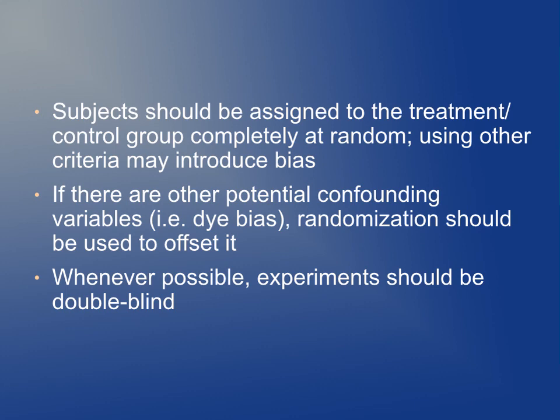And whenever possible, subjects should be assigned to the treatment completely at random. If you use other criteria, you can introduce bias. And if there's potential confounding variables, such as the dye example and the microarrays, you should use randomization to offset that. We'll discuss that in more detail later. And whenever possible, experiments should also be double-blind.